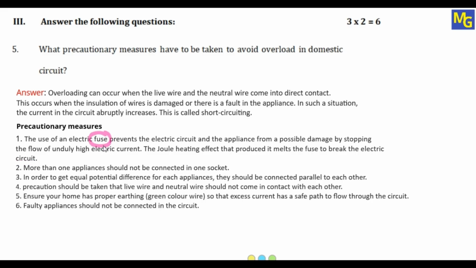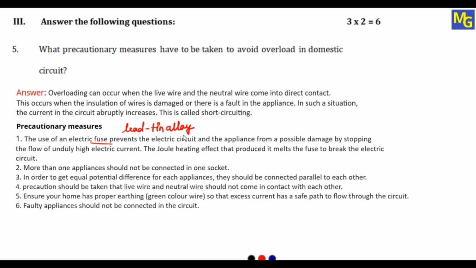If a high electric current flows into the circuit, due to the Joule heating effect, the metal present in the fuse will melt, and it blocks the circuit so the current will not pass forward, and whatever appliances are connected into the circuit will remain safe. The main thing is the metal present in the fuse is a lead tin alloy.